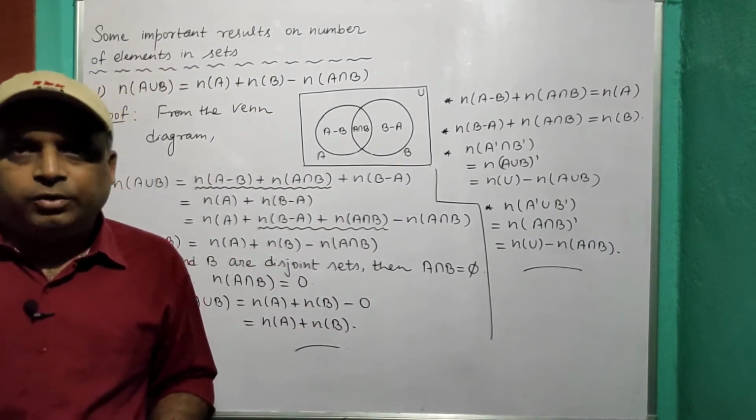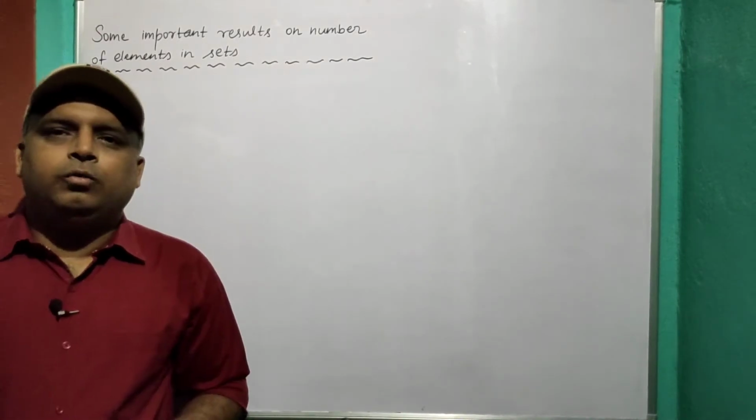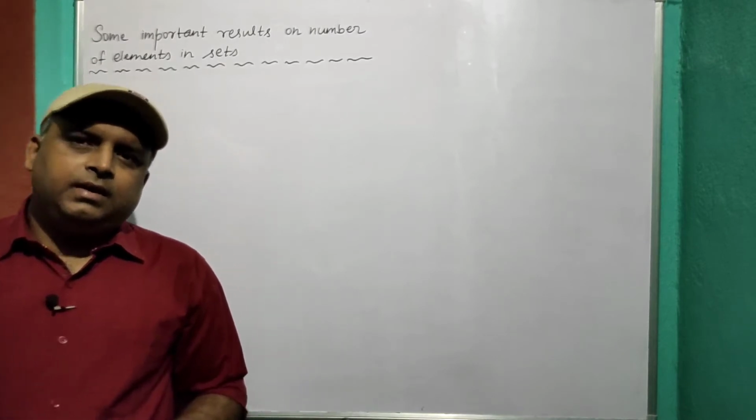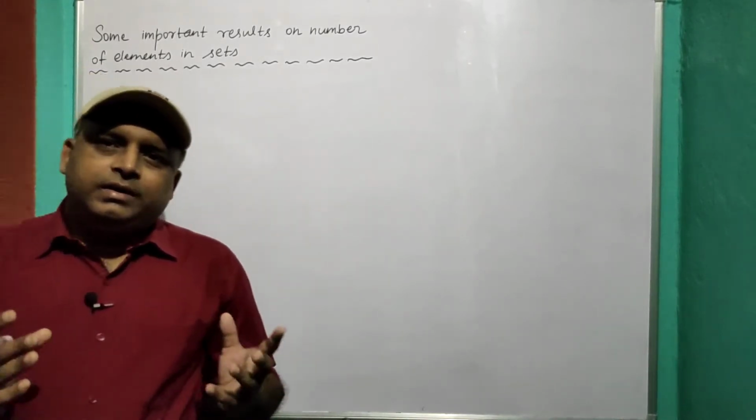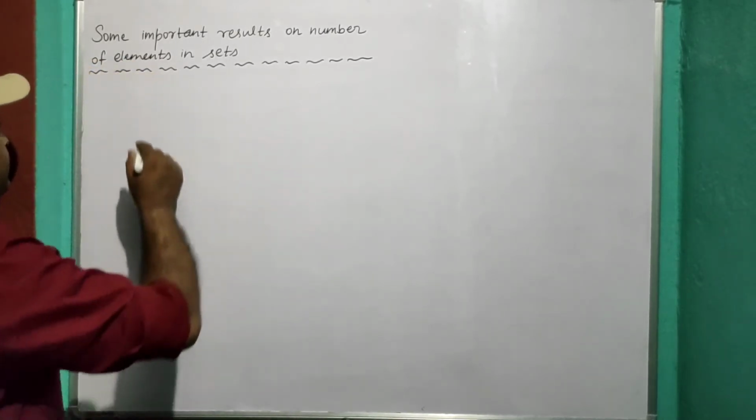Now please write it down. One more result is there when there are three sets. Just now I have done the result on two sets A and B. Now I am going to take three sets.